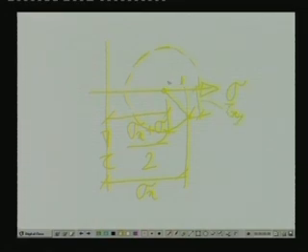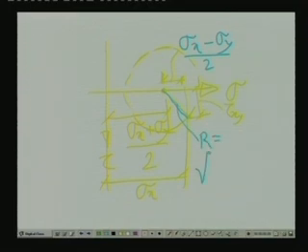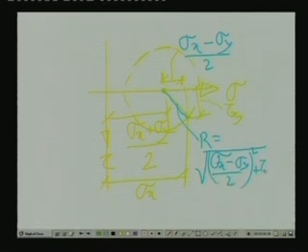Thereby this particular distance is sigma x minus sigma y by 2. So, the radius r is equal to root of sigma x minus sigma y by 2 square plus tau x y square. So, the center is at a distance of sigma x plus sigma y by 2 and the radius of the circle is root of sigma x minus sigma y by 2 square plus tau x y square.